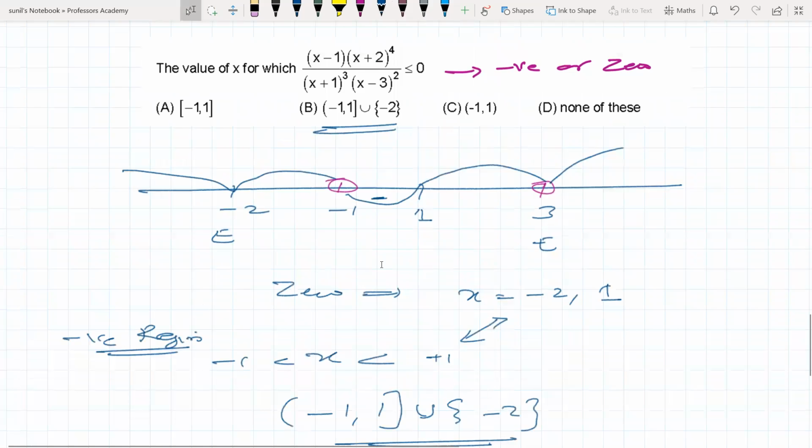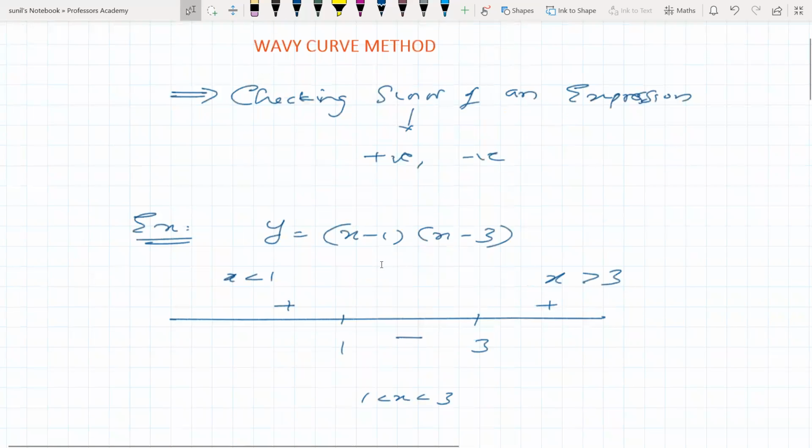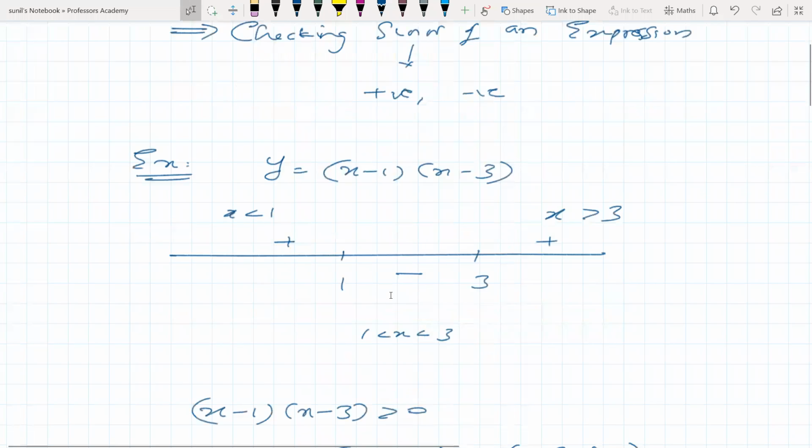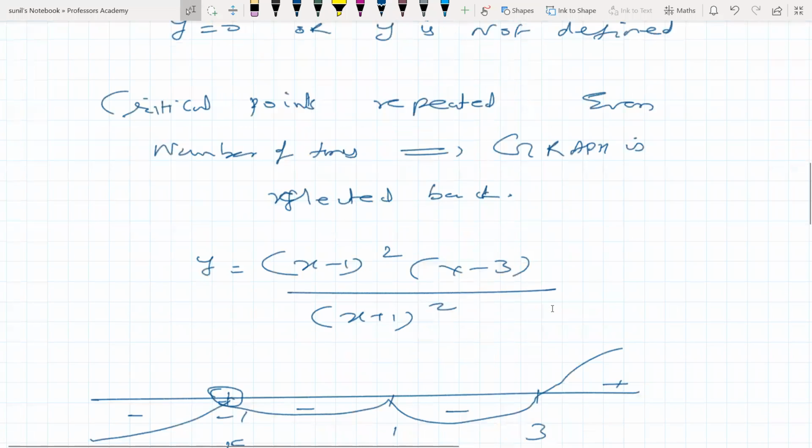So what we discussed now: what do we mean by the Wavy curve method? The Wavy curve method is checking the sign of an expression. We will plot the critical points on the number line. After that, we check x greater than 3. The largest critical point is 3 here, so for x greater than 3 the expression becomes positive.